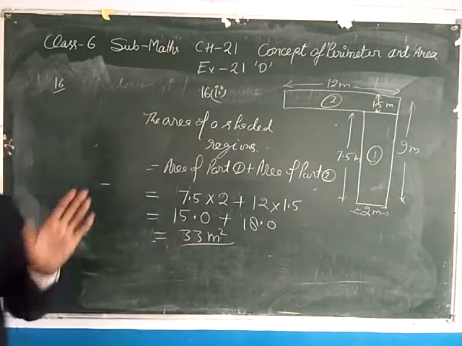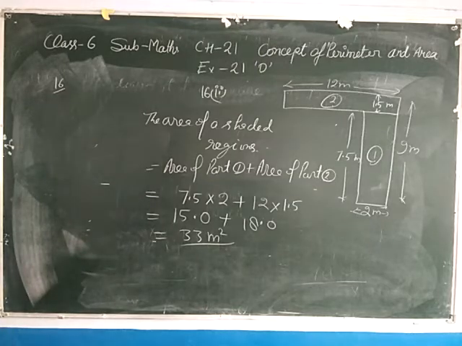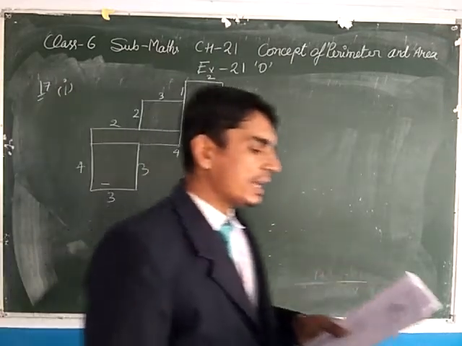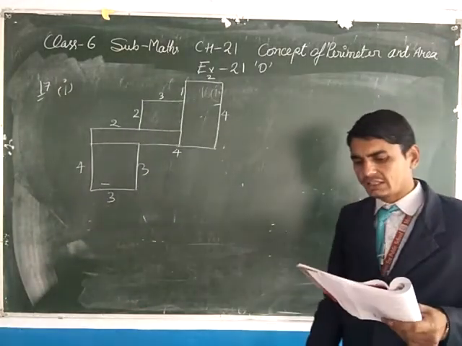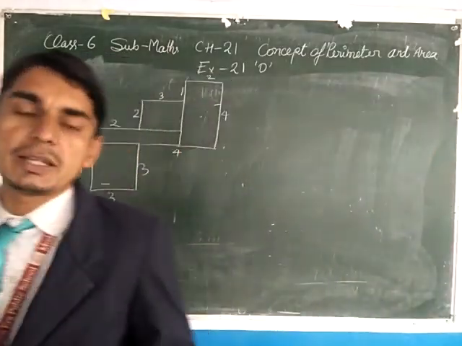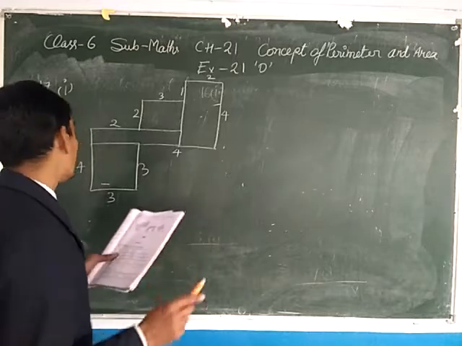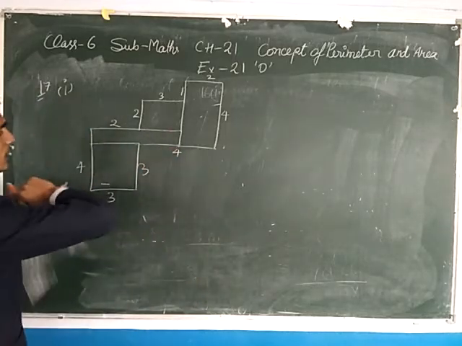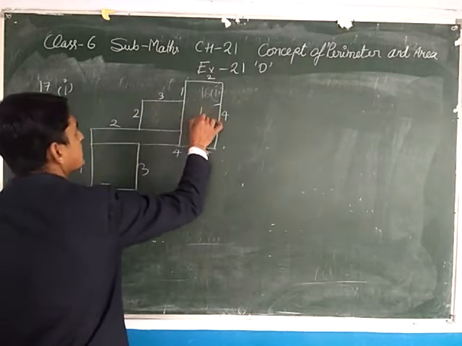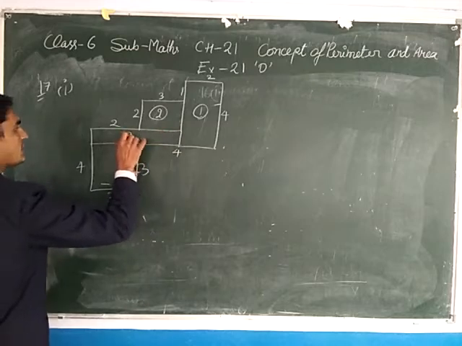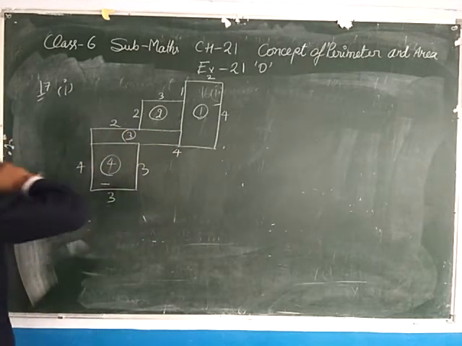Now after this, see question number 17. Question number 17 is: calculate the area of each one of the shaded regions given below. All measures are given in centimeter. See the first part of question number 17. You have this, which is also a rectangle. Suppose this is the second, you can take this as the third and this as the fourth.